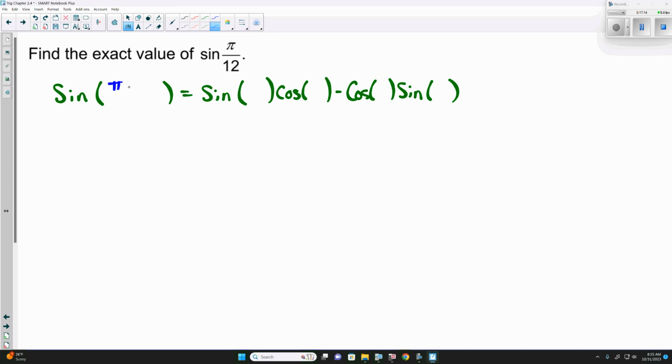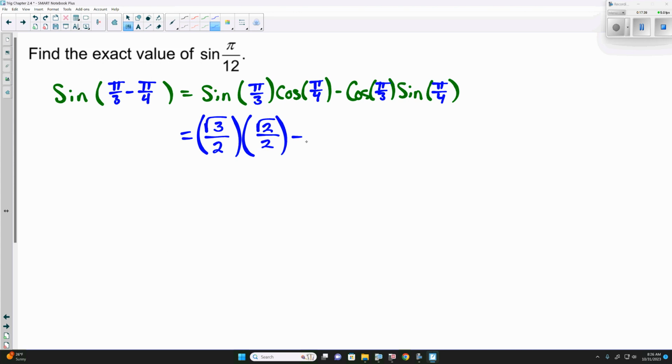Now this is neither here nor there, but I also said pi over 3 minus pi over 4, yes? Well, sine of pi over 3 is square root 3 over 2. Cosine of pi over 4 is square root 2 over 2. Minus cosine of pi over 3 is 1/2, square root 2 over 2.